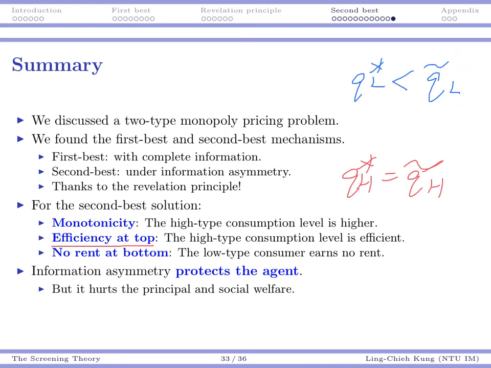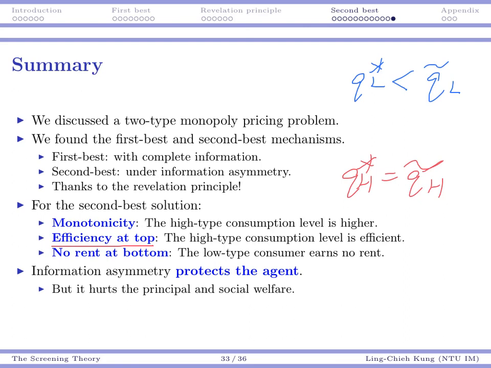But keep one thing in mind: information asymmetry helps the agent, or protects the agent. If there is no information asymmetry, then the agent is going to earn nothing. With information asymmetry, the agent earns something, so the agent is happy because he has that piece of information, and he will try to always hide it in order to earn something.